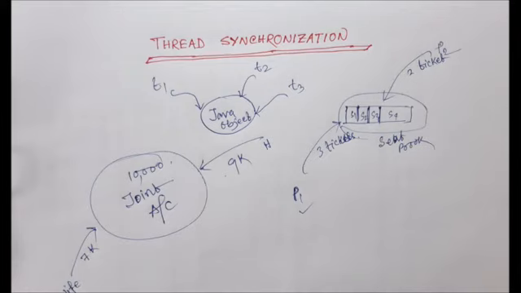We will see in detail how the waiting time will be increased when we explain it with an example. Do not worry about that. So, how is this synchronization concept implemented?